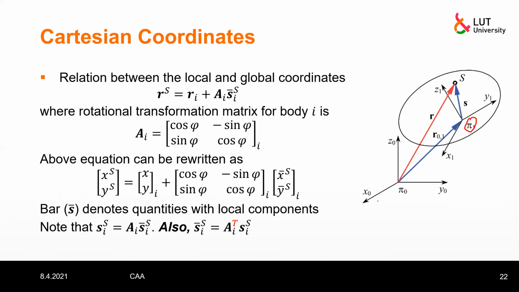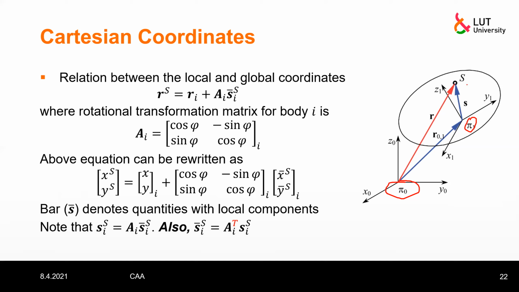The main reason is that we have multiple points, multiple bodies, and multiple local coordinate frames. But the final kinematic equations of motion will be written with respect to global coordinates. So we have to find a way to transform all our local entities, like this vector S, to global coordinates, because at the end we must write everything in a single coordinate frame, and this will be our inertial global reference frame.